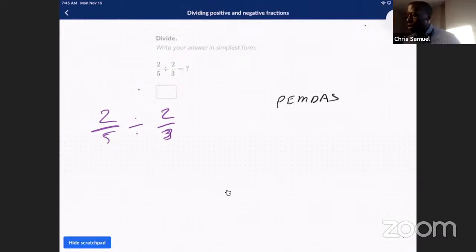Order of operations. Convert to multiplication. And then we take the reciprocal. This one.